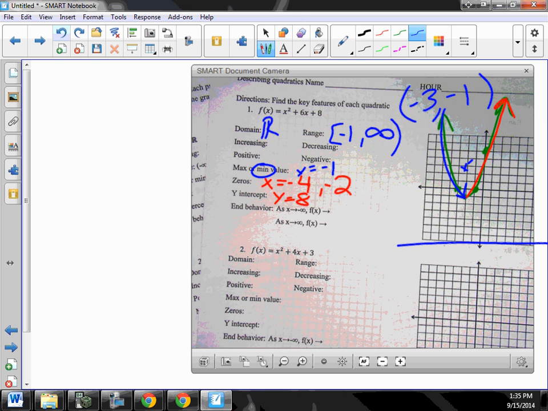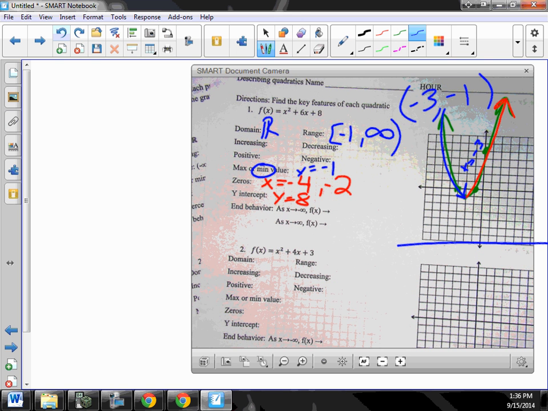X equals -3 is where it switches. So if we look at this red portion, what is the smallest x value for the increasing piece? -3. So it's increasing from -3 until infinity.